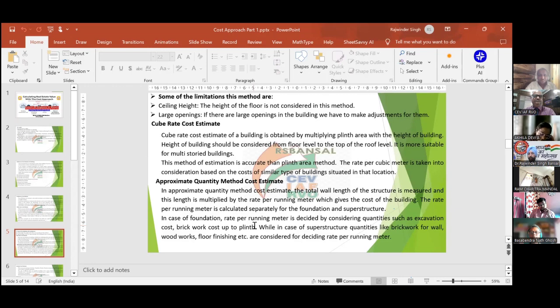Then there is the approximate quantity cost estimate. There are certain thumb rules with which you can calculate the quantities of cement, brick, steel, etc. With the help of that, you can calculate the approximate quantity required for the building for each item, and from there you can calculate the estimated cost of construction. Again, a rough cost estimate.